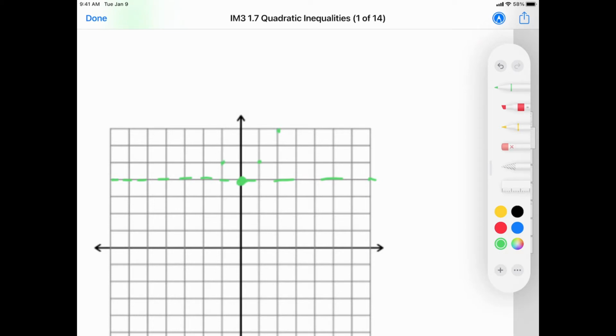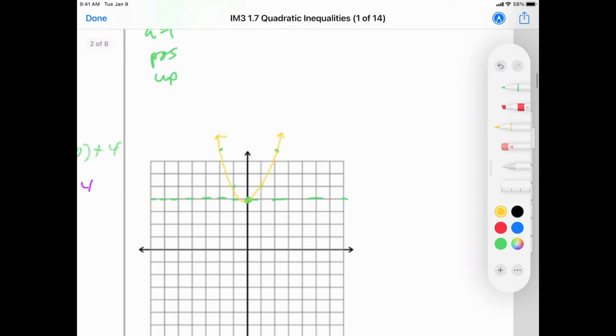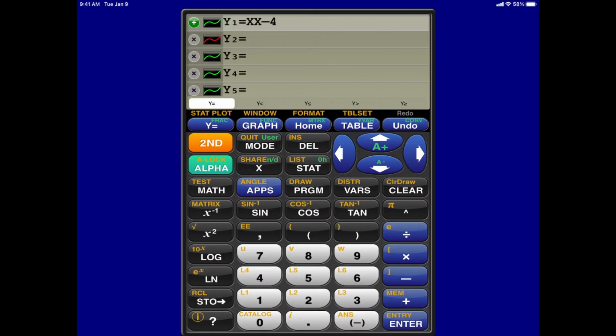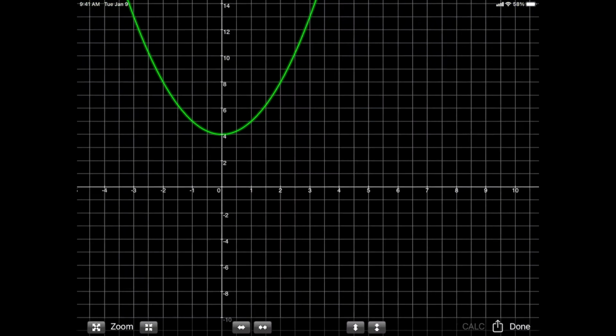Left 1, up 1, left 2, up 2. Should put it up there. And you can verify that by graphing it. Just go here, change it to plus sign, and then press graph. See?